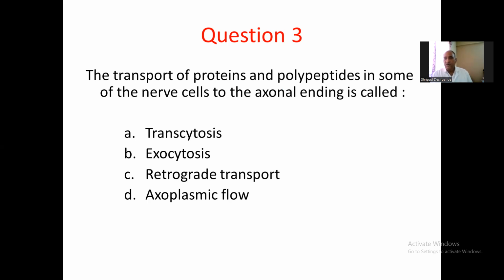Exocytosis is the release of substance from a cell to the extracellular fluid. Retrograde transport is from the axonal ending to the cell body. So therefore, exoplasmic flow is the right answer. You can see the reference Ganong 82.